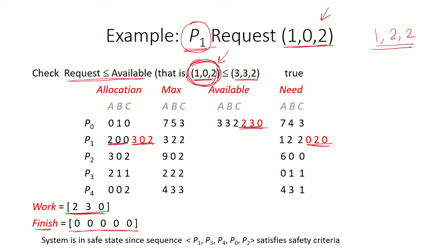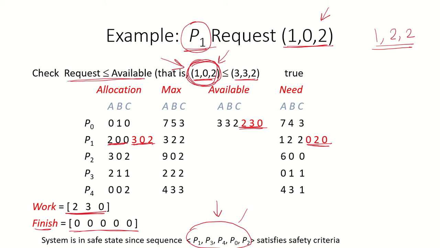Now I have to find the safe sequence again, to see whether the system will be in a safe state if these resources are allocated. If I go through the safety algorithm again, I find that this particular sequence will leave the system in a safe state.